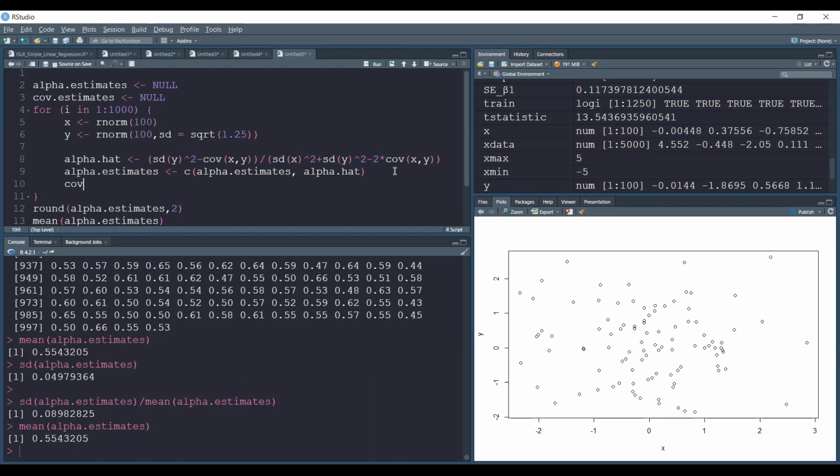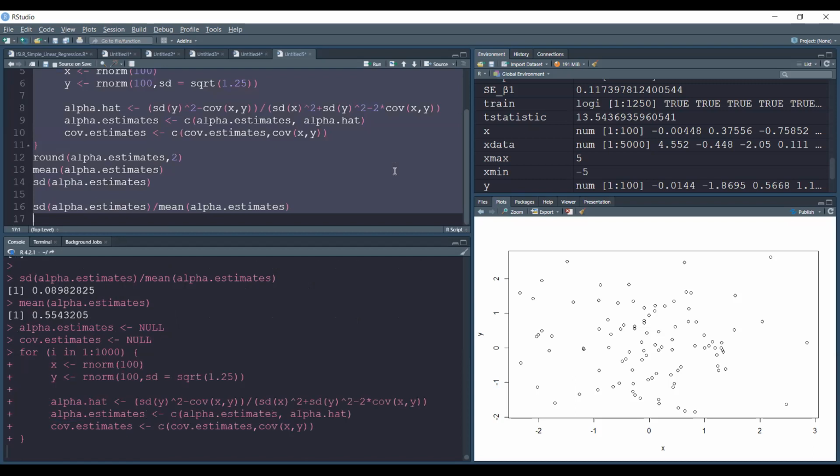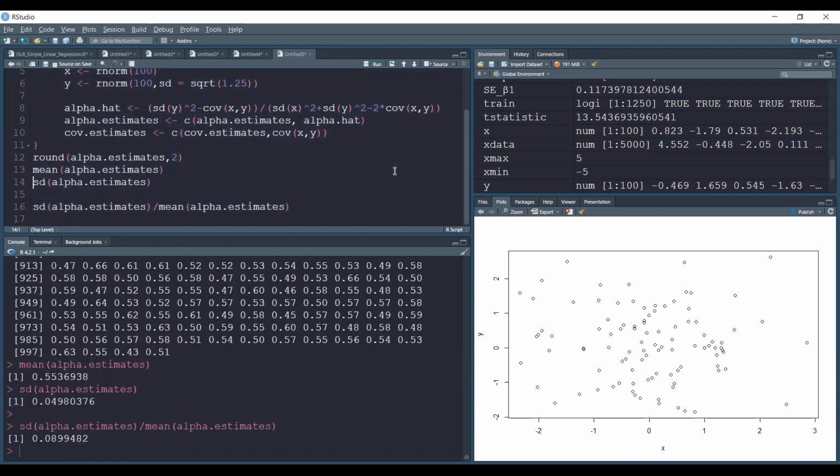And as always, we're using the same techniques, aren't we, very often? Covariance estimates, and include the covariance of x and y. Let's see if we have anything close to their own covariance.